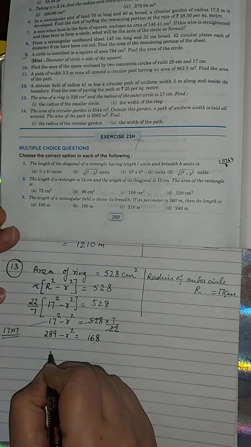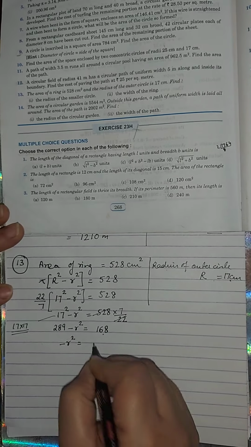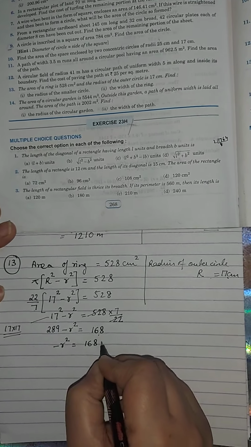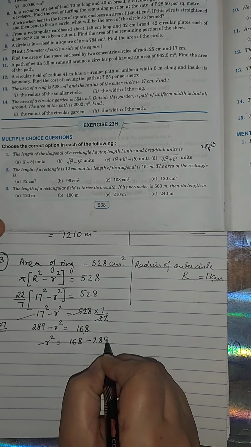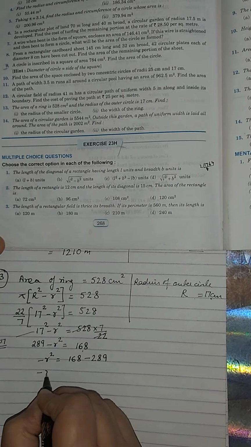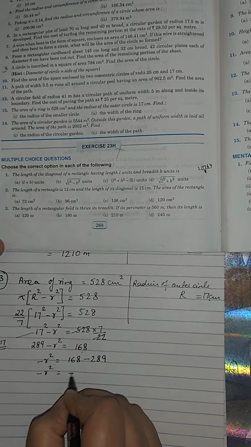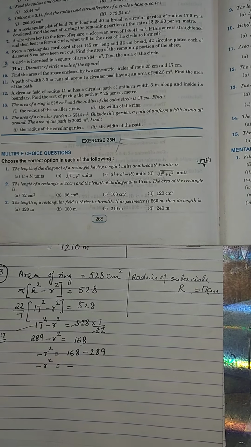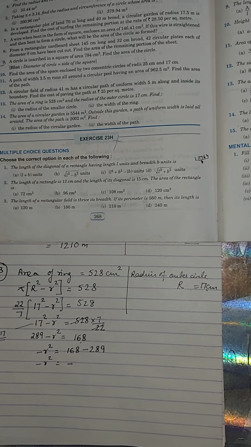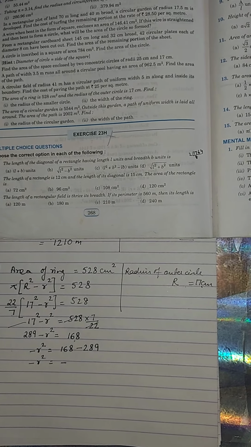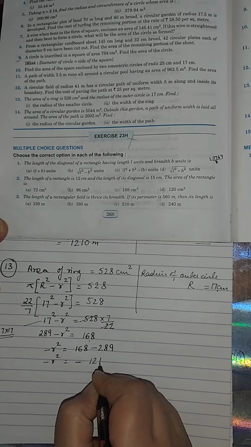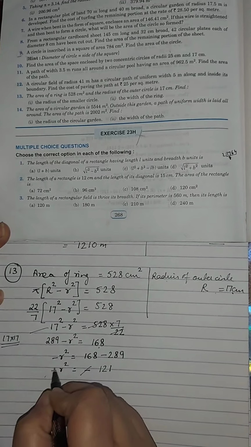Now 289 minus r square equals to 168. 289 इधर लेंगे तो ये भी आपका माइनस में आएगा, तो minus r square is equals to minus 289 minus 168. You will get 121. अब दोनों साइड माइनस है, you will cut it.